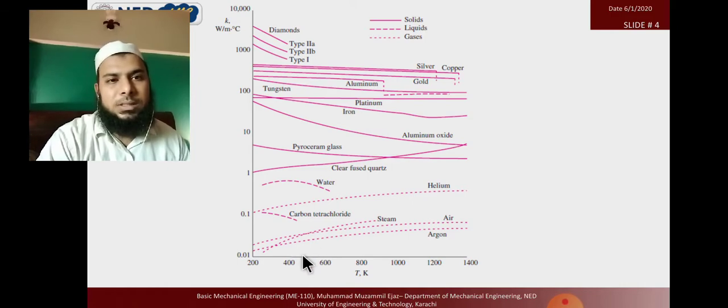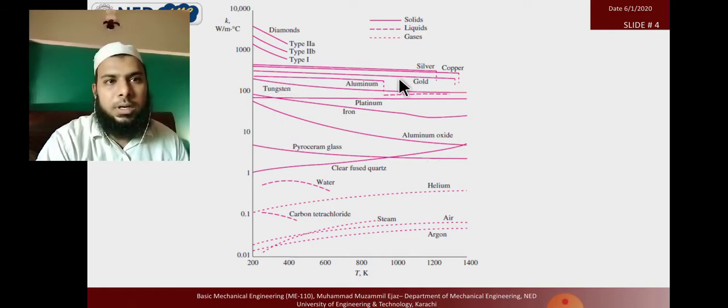In gases, the thermal conductivity, a property of the material, is increasing, and it has a turnover trend in liquids. In some solids it has an increasing trend, and in some solids that are mostly used as conductors, mostly metals, they have a slightly decreasing trend.